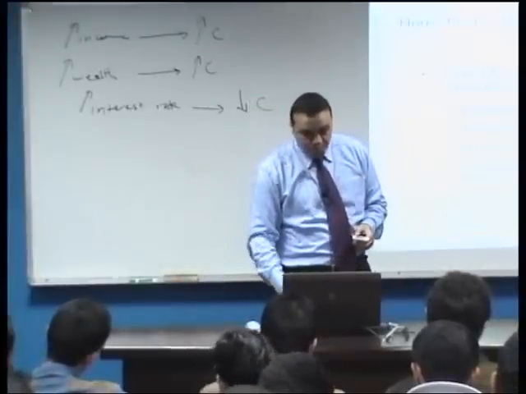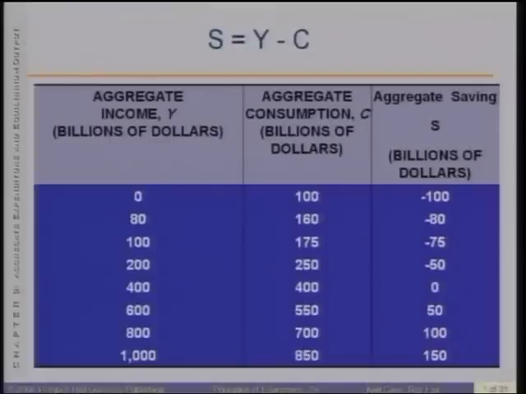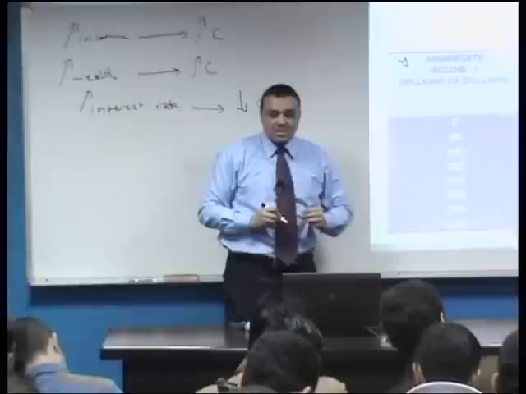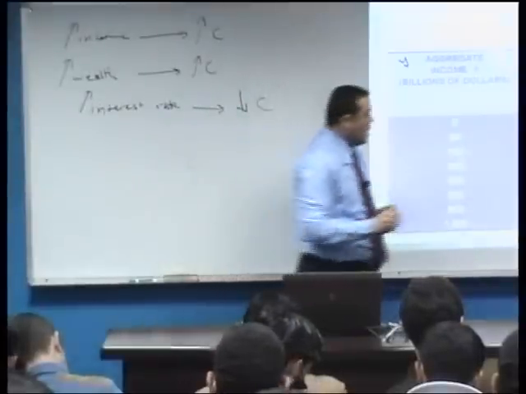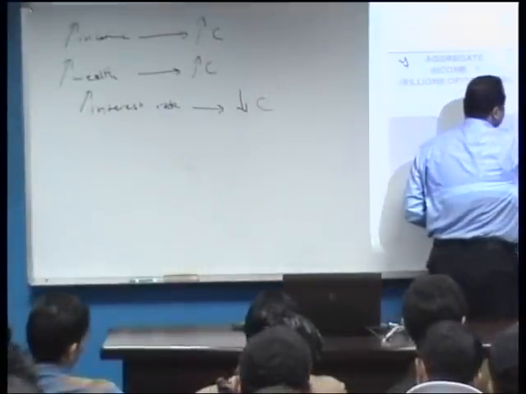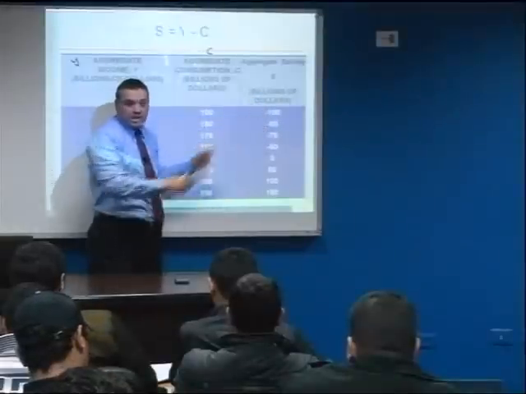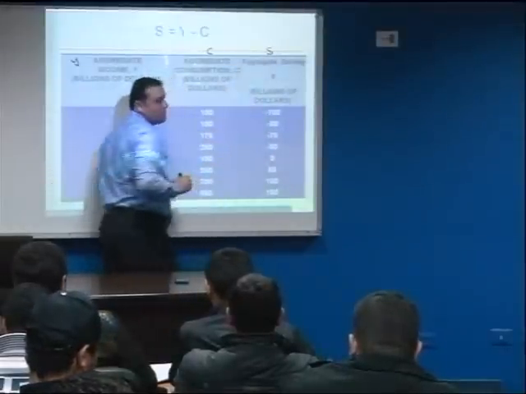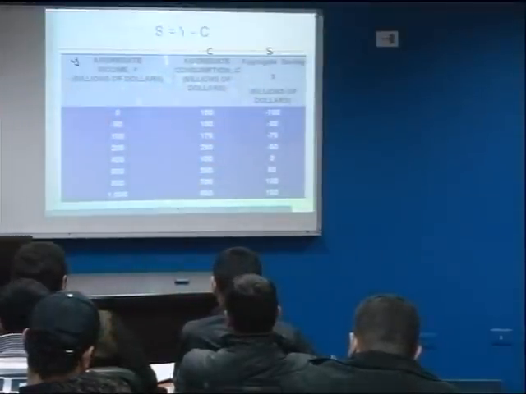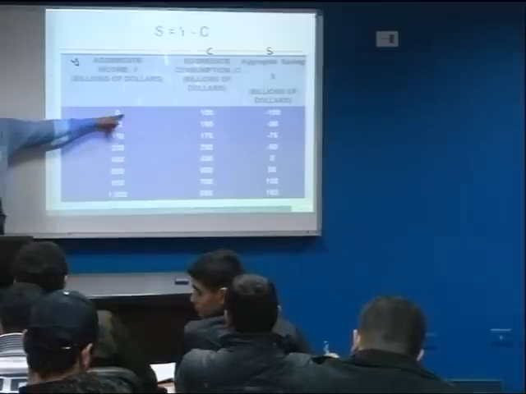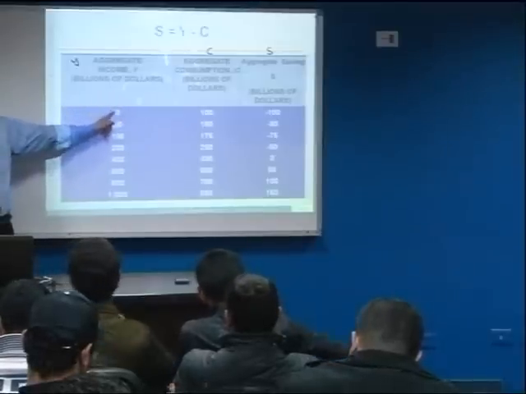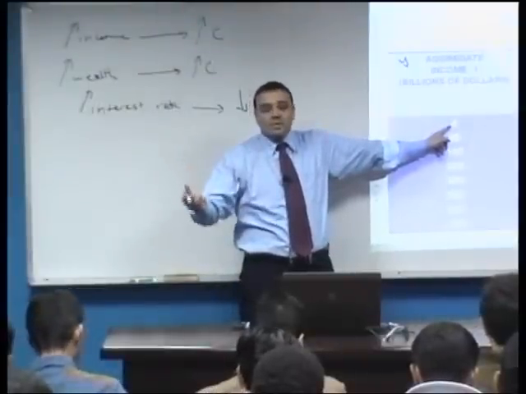Let's go to this example. As you see, we have the aggregate income, Y, in billions of dollars, and this is the aggregate consumption, C, and we are going to derive the aggregate saving. In this example, when the aggregate income equals 0, you still have to consume.